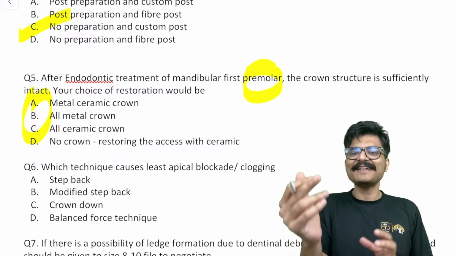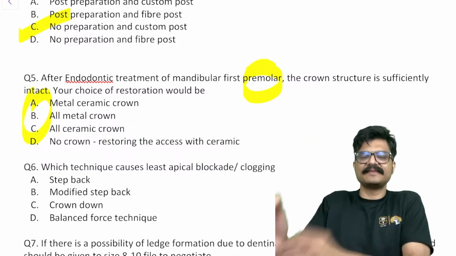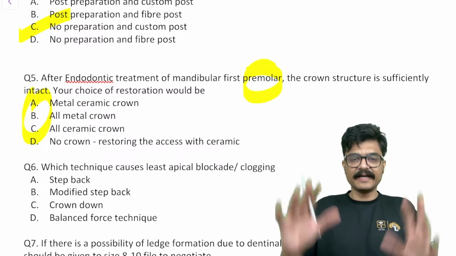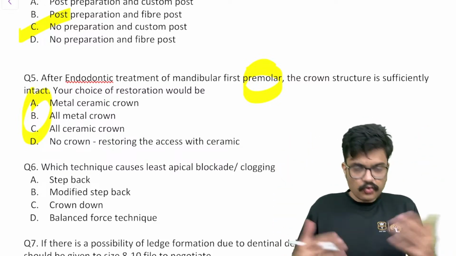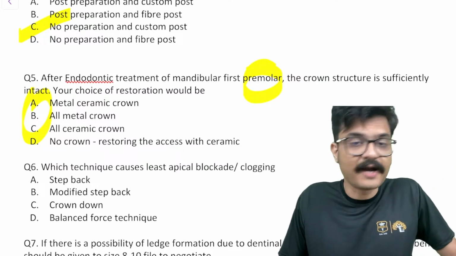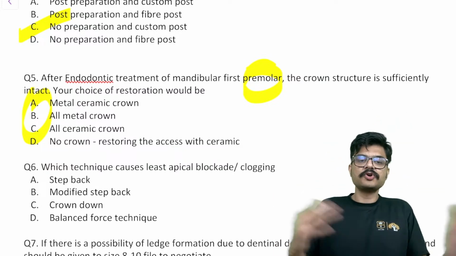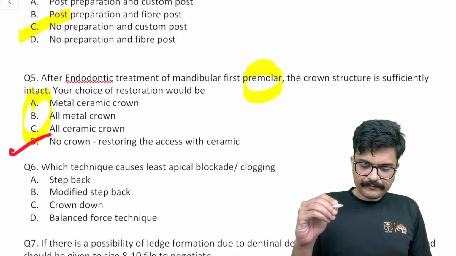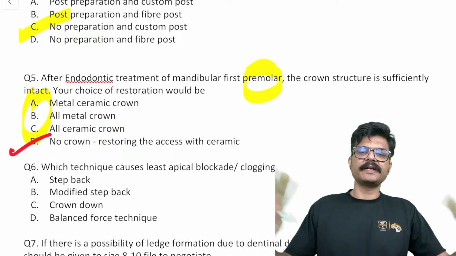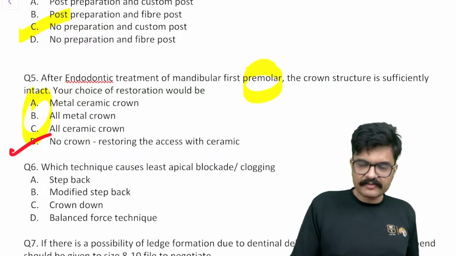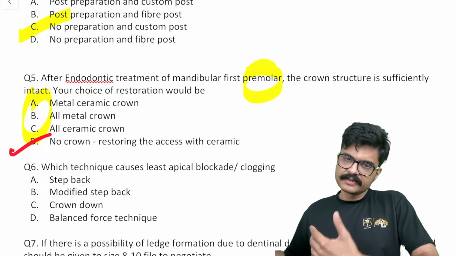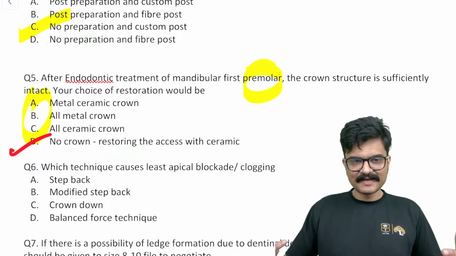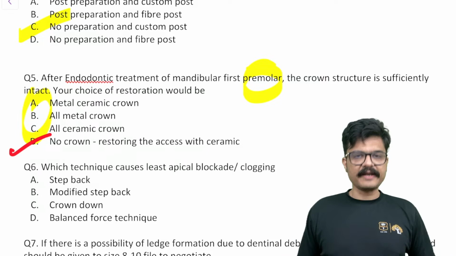The crown structure is sufficiently intact, and Cohen says that if a cavity prep is conservative, meaning your tooth structure is sufficiently intact, you will go for a conservative approach and not a cuspal coverage approach. So no crown. The answer is no crown. Restore the access with an intracoronal, direct restoration or an indirect ceramic or composite inlay. Right, guys? That's again a very tricky question.